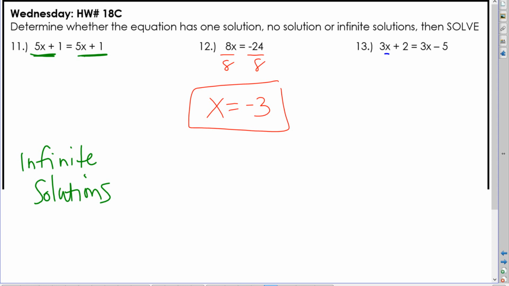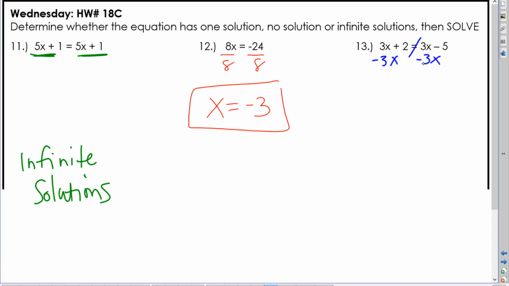Now in question 13, I have the same exact variable term on both sides, but my constant term is different. So if I were to take some mystery number and times it by 3, and then add 2 to it, it's never going to be equal to that number times 3 if I subtract 5 from it. So these two expressions can never be equal, and here's some proof for you.